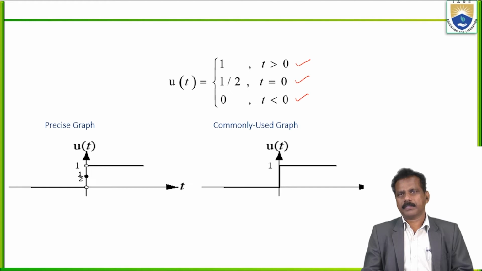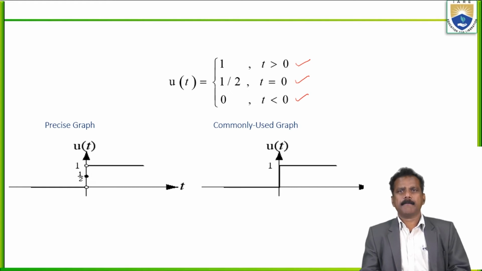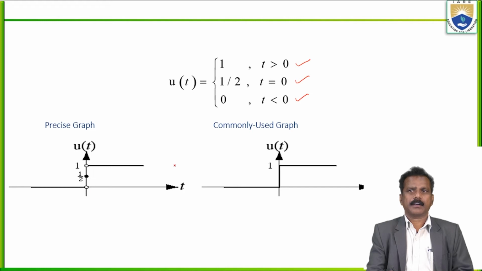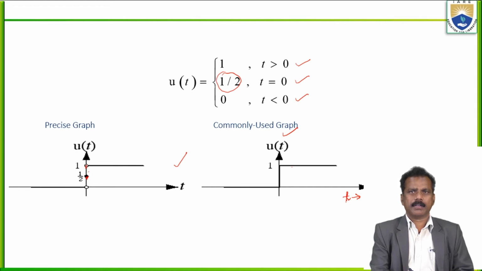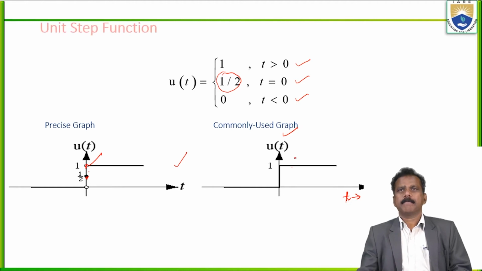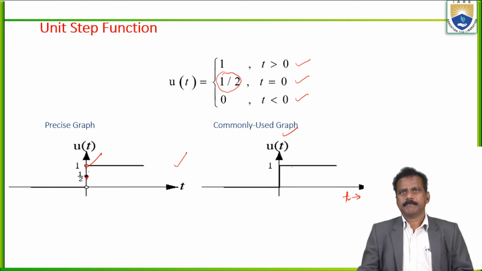The precise graph is like this, t versus u of t, and the commonly used graph is like this, t versus u of t. Here it is 1. This is all the unit step function.